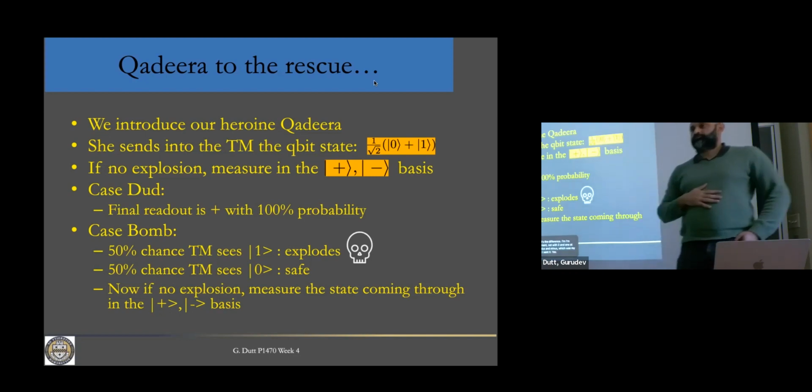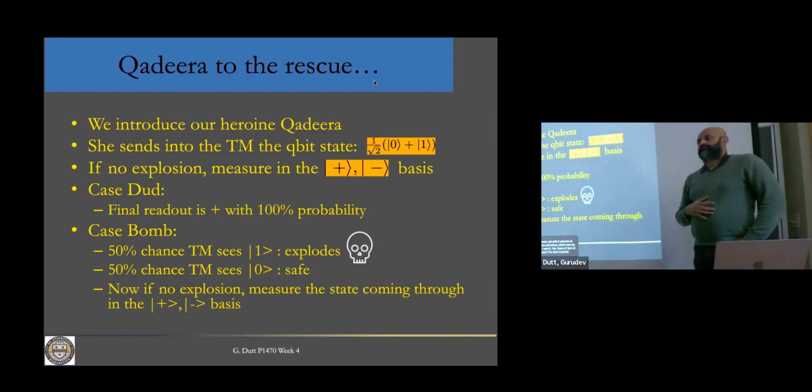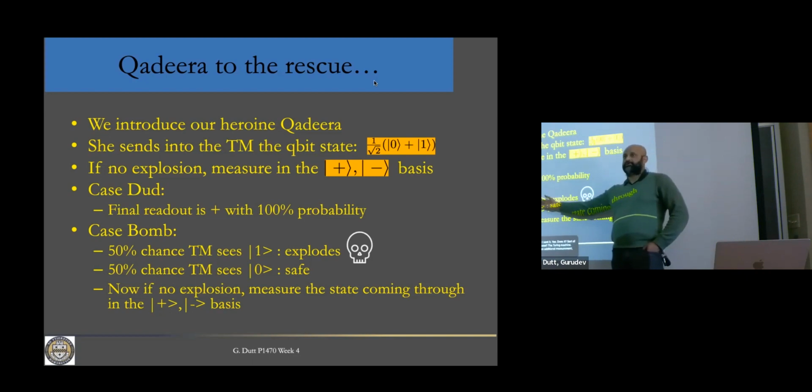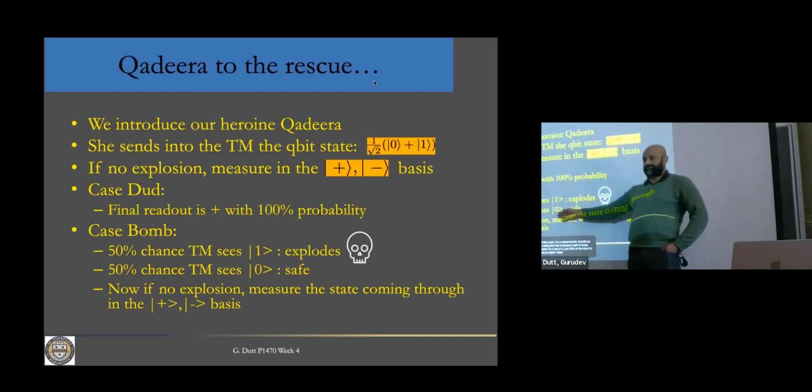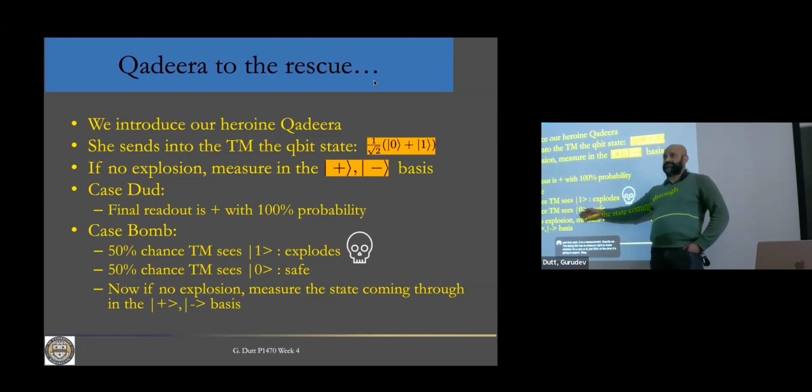Is it sort of like in the bomb case, the Turing machine seeing 1 or 0 is an additional measurement? Yeah, it is a measurement. Exactly. So the Turing machine has to measure, right, to know whether it's a 1 or a 0. When it measures a 1, just 50% of the time, it's going to explode. But with 50% probability, it'll see a 0.